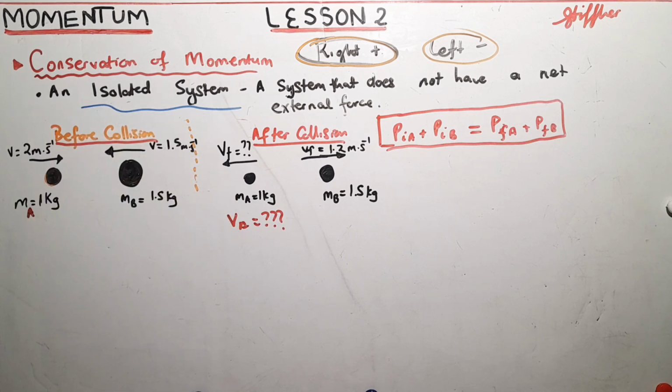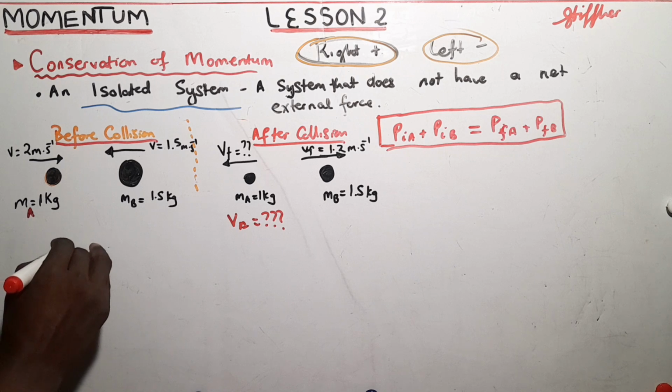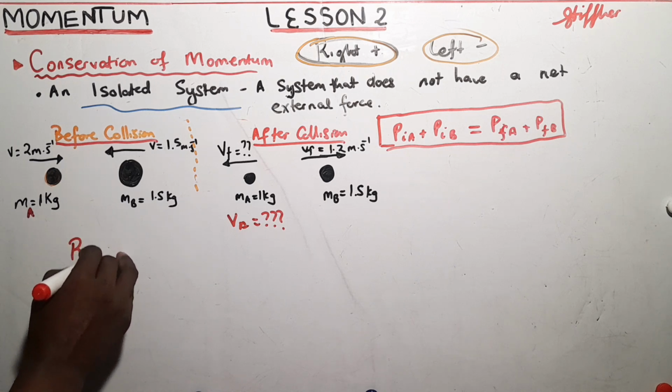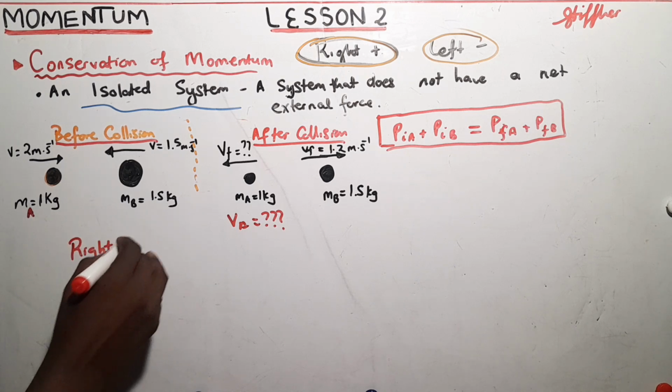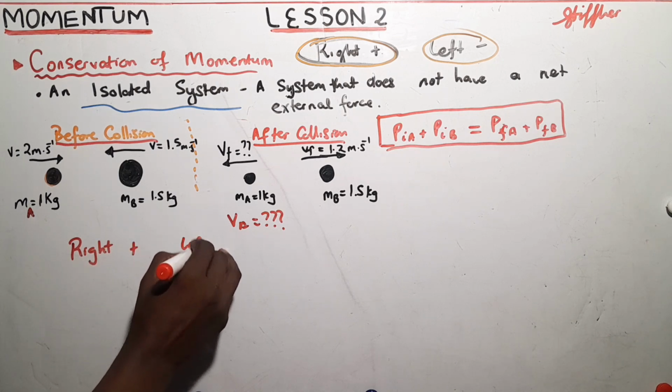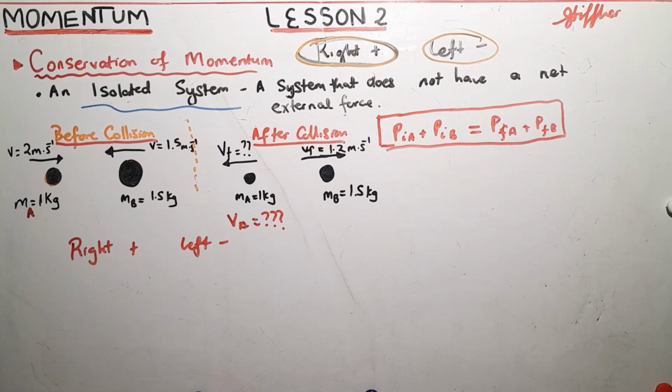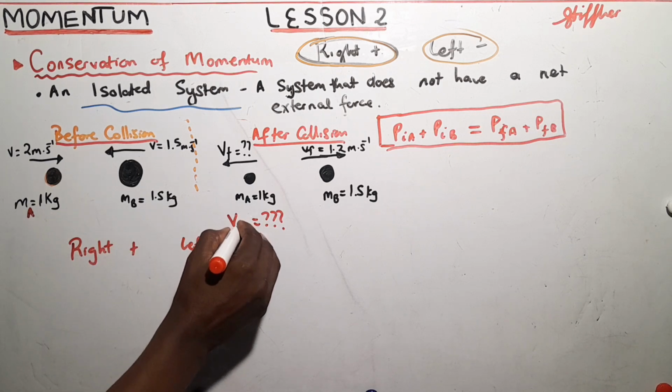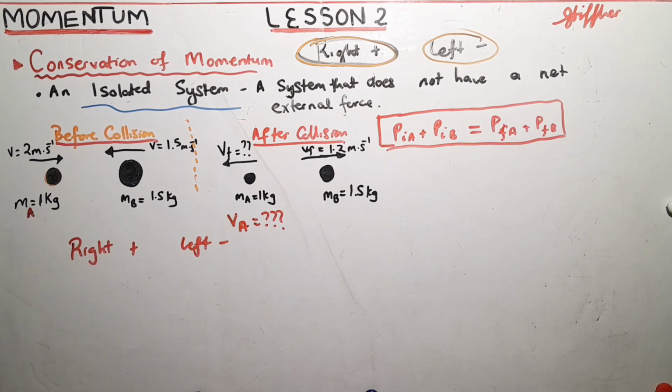We are going to choose which one we prefer to keep positive. According to the way I feel right now, I just want to make my right positive. So it means that my left will be negative. So now let's find the solution.